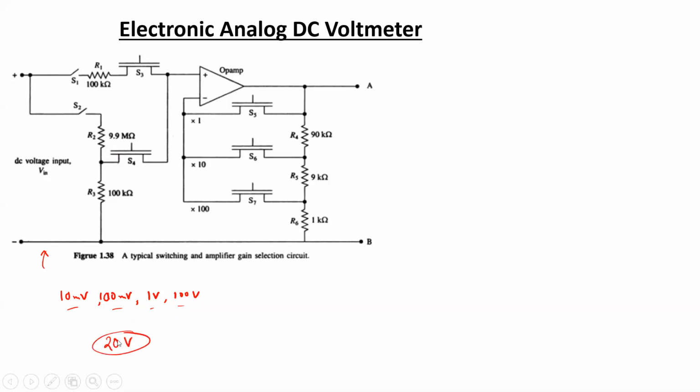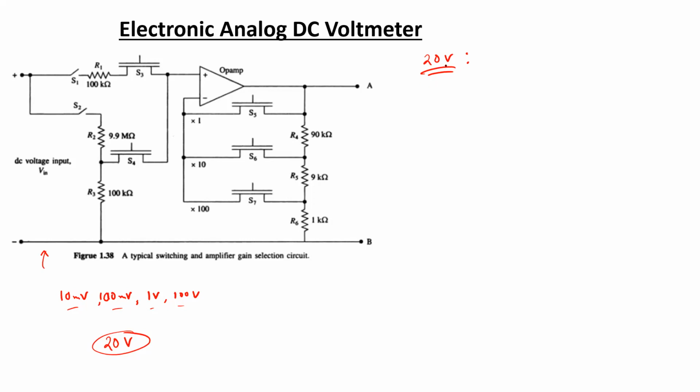So this additional option gives the option of measuring from 0 up to 20 volts using the same arrangement of the typical switching and amplifier gain selection circuit. Let us see where we have to make some changes or modifications.